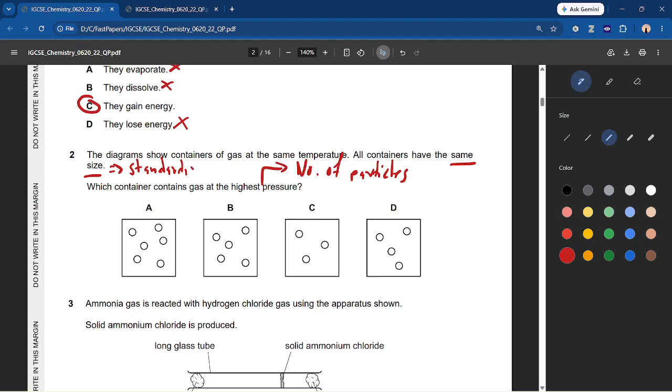If they had different sizes, then maybe you could compare larger and shorter containers. But because they're all the same size, you just count the number of particles. This one has 6, this one has 5, this one has 2, and this one has 4. The one that has the highest number of particles is this one, so it's going to be 8.